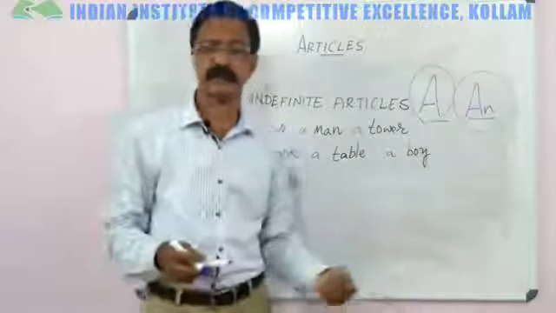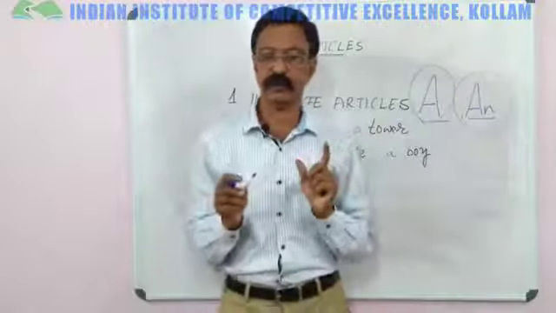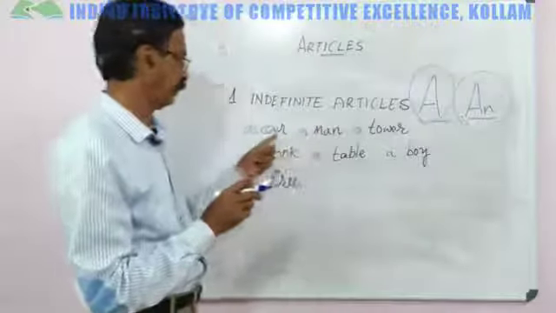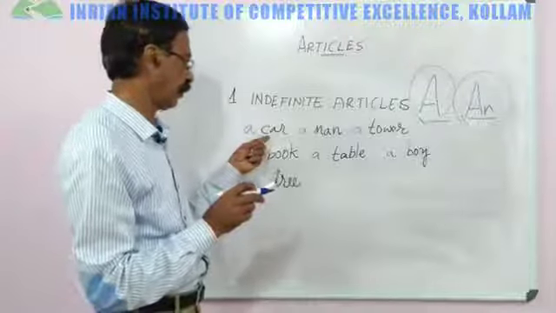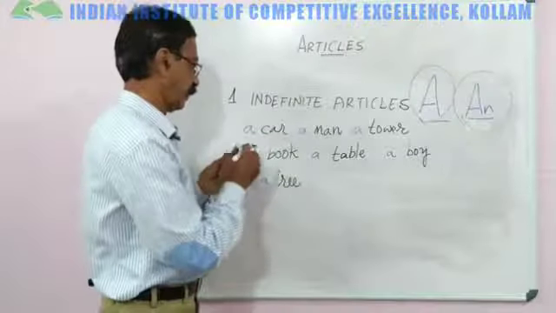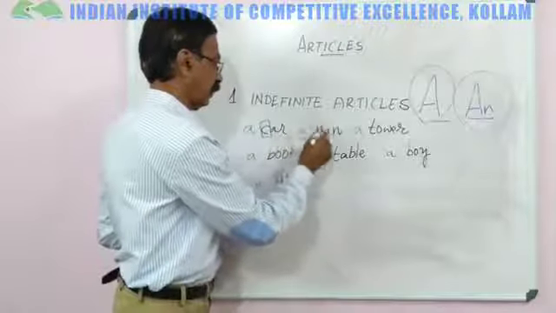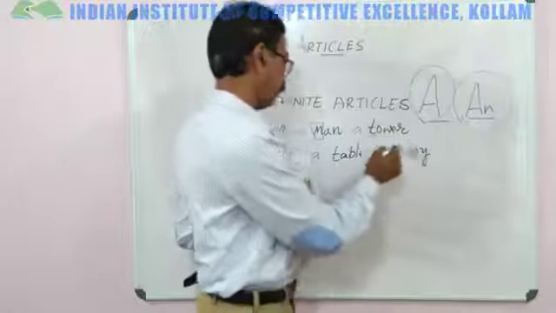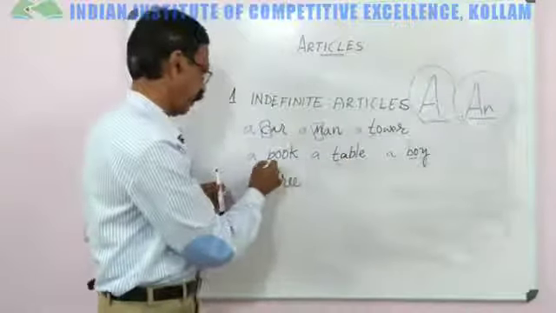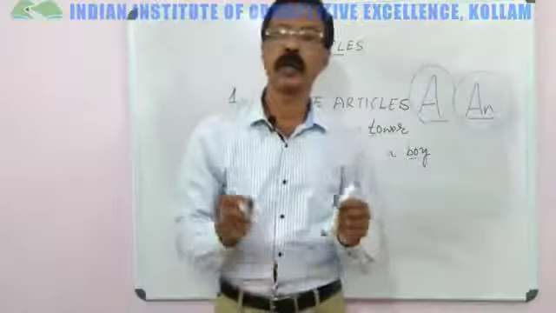It's like that. So with those nouns starting with a consonant: M is a consonant, C is a consonant, T is a consonant, D is a consonant. All these are consonants.